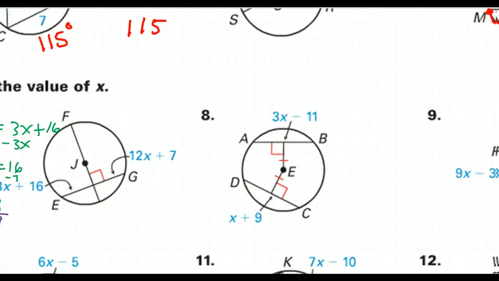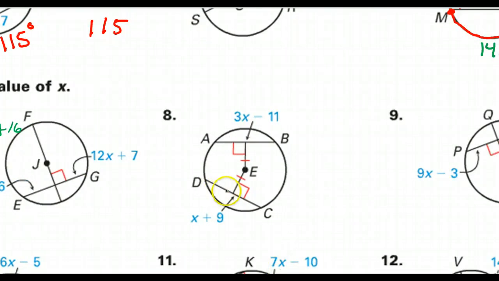Okay, so number 8. Same type of deal. This is actually another property of a chord. If the distances from the center are the same, then the chords must be congruent. So again, these two should be equal to each other. So I can just go 3x minus 11 should equal x plus 9.